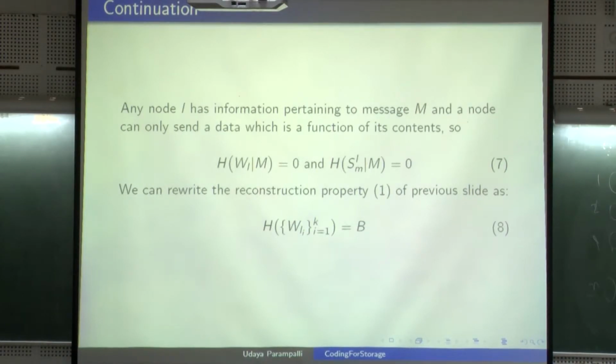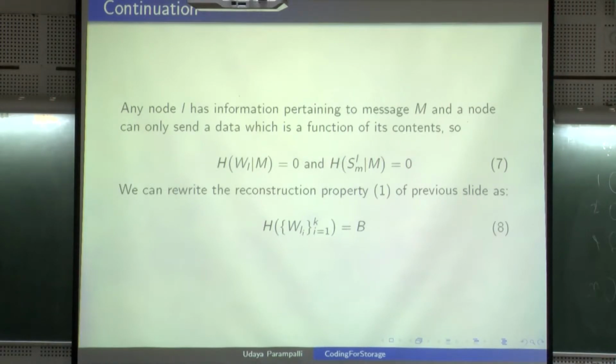Continuing, we will start applying this on all these things. Any node L now has information pertaining to the message M, and a node can only send data which is a function of its content.